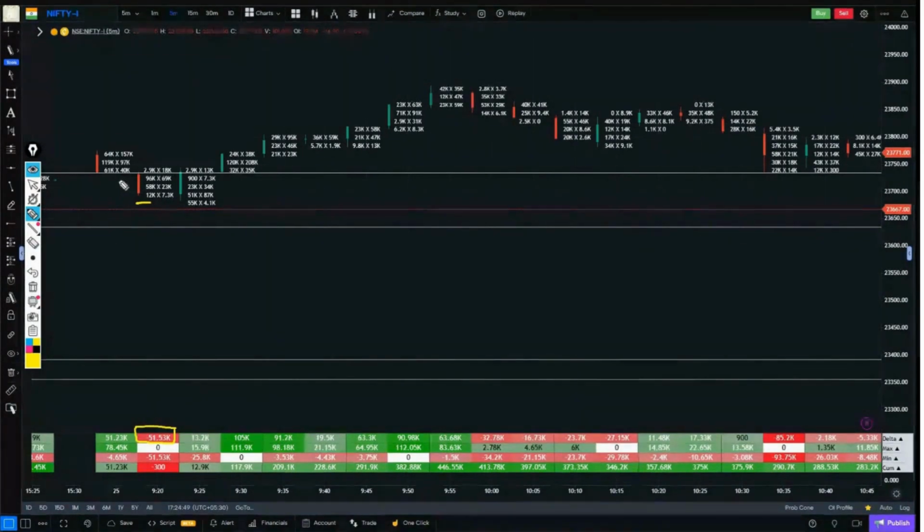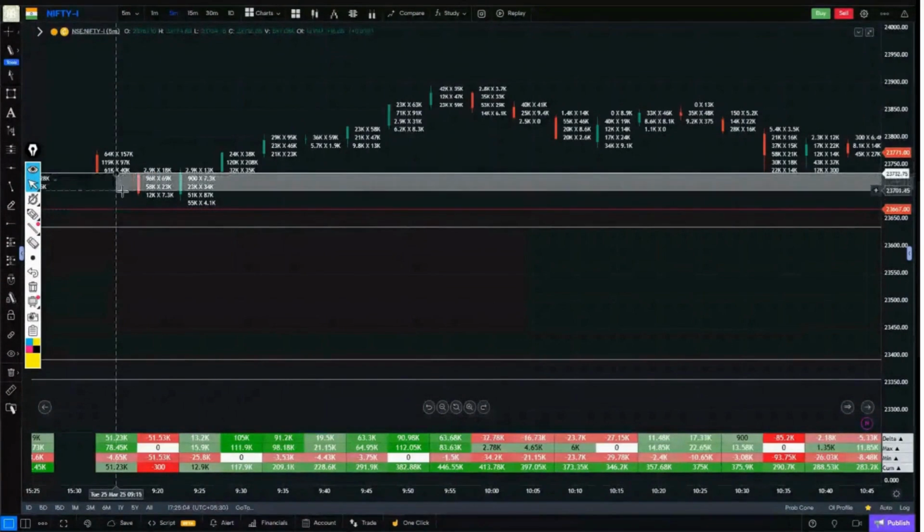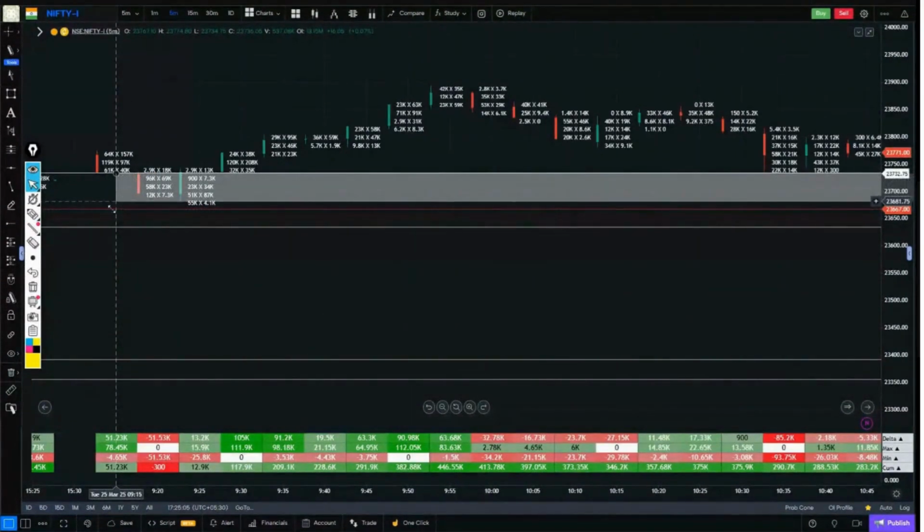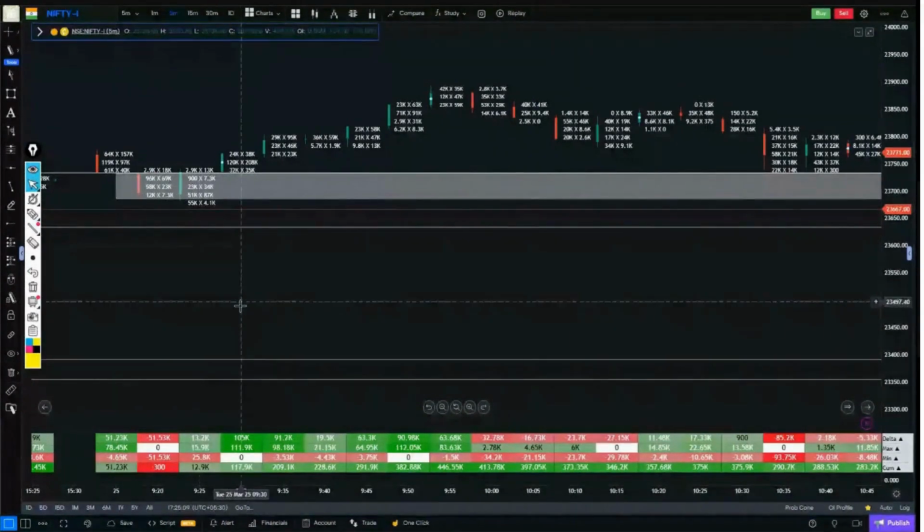This place is 96 and 58, meaning there was quite a good amount of selling here, which is why we see this negative delta. We are only concerned with the seller's position. This is the place where the most selling occurred. This is the place we executed this selling.